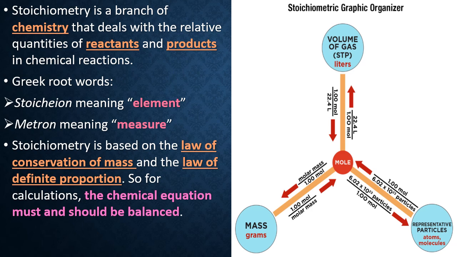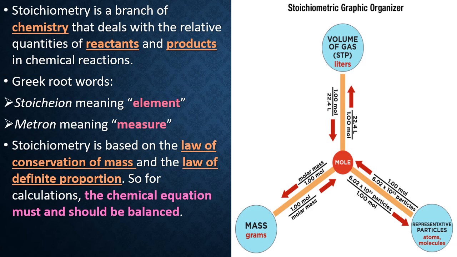Means what? Whenever we write a chemical equation in balanced condition, how many moles of reactants and how many moles of products are there in that equation, they are called stoichiometric coefficients.